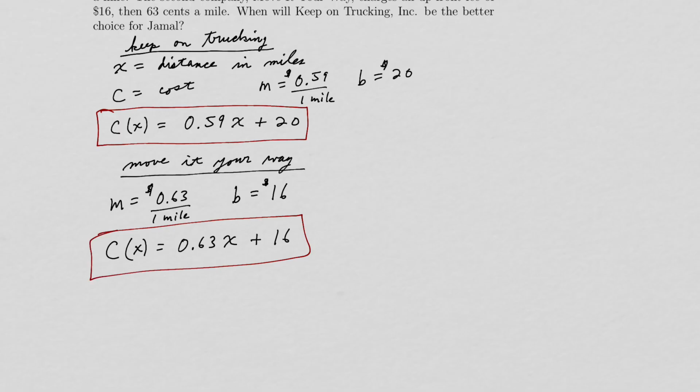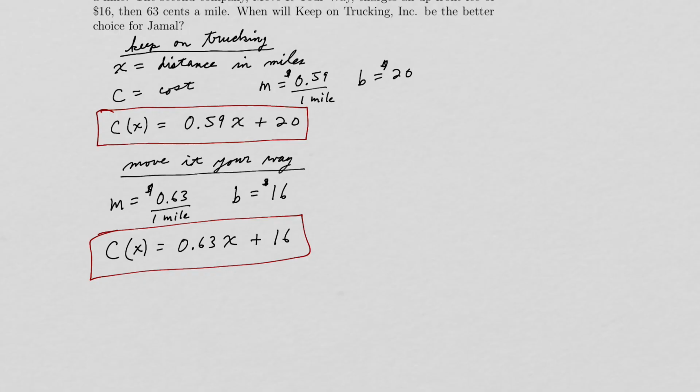Okay, so I want to know for what number of miles, right? This is like when will Keep On Trucking be the better choice? For what number of miles is the cost less for Keep On Trucking? That's basically what we want to know. So first, to answer this question, let's just set the cost equal.